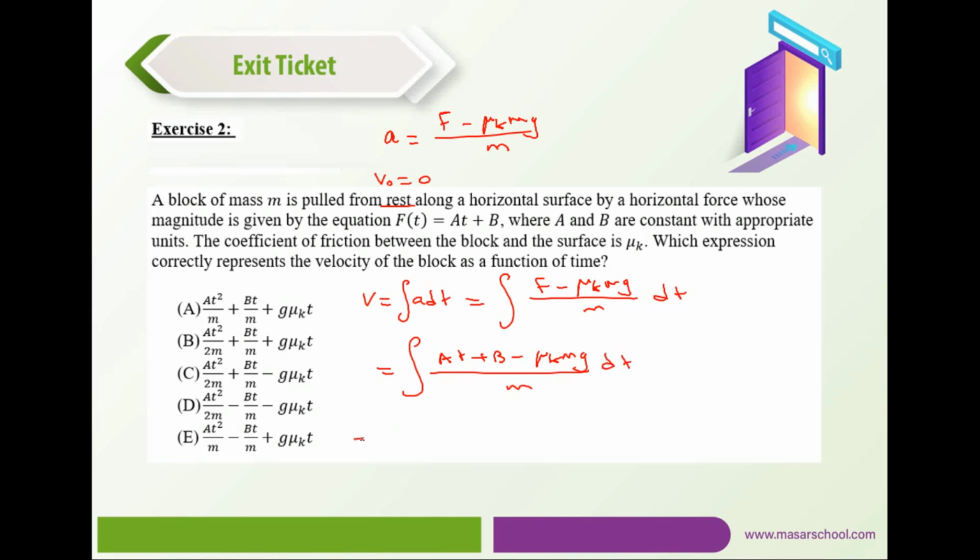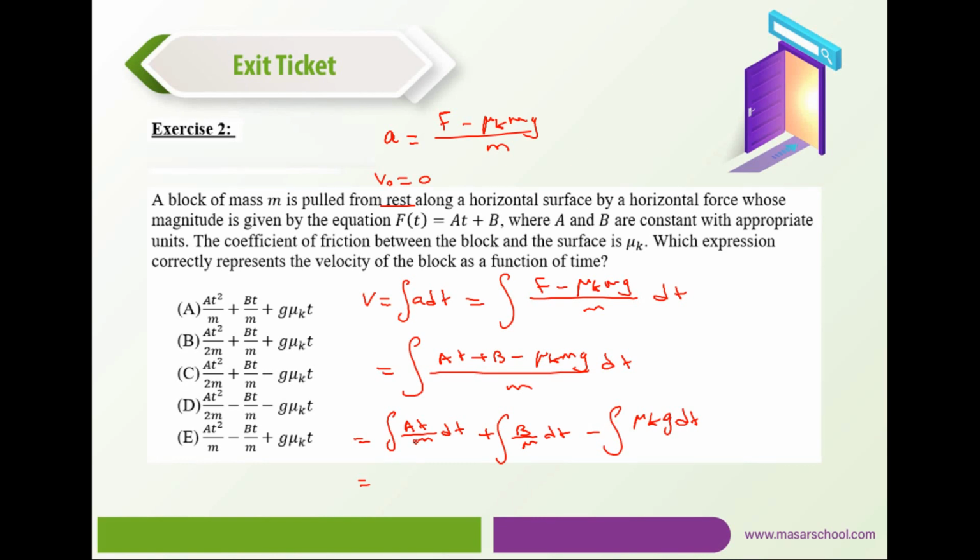Now we can split the fraction into the following. The integral of At over m dt plus the integral of B over m dt minus the integral of mu k, m and m cancels, g dt.